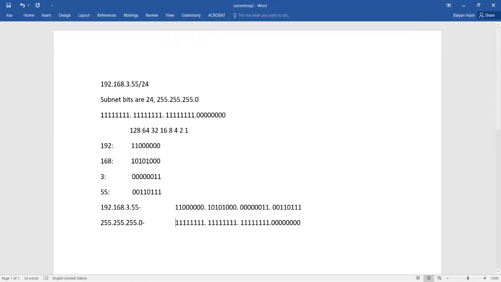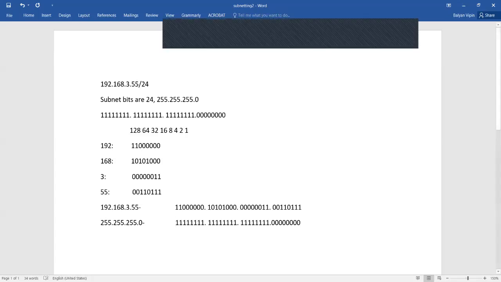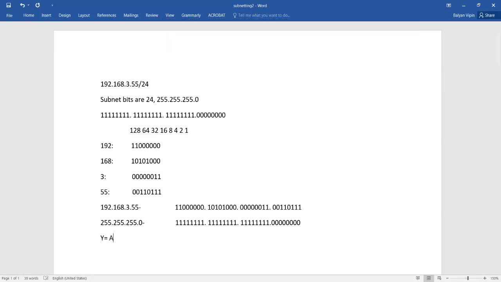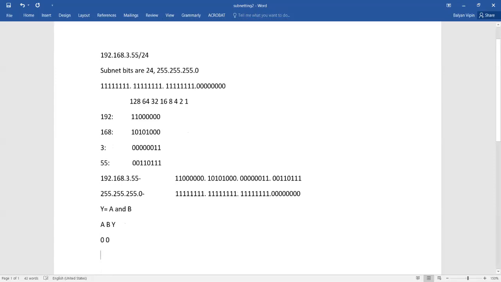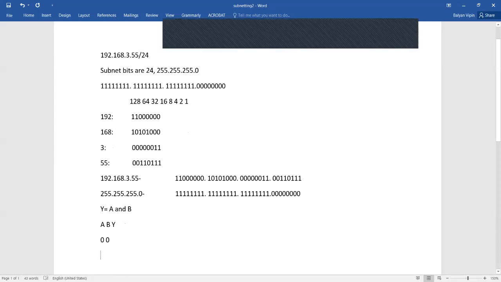If you remember your digital systems, it works this way: if I have two inputs A and B, and I need an AND operation of them, then Y equals A AND B, and the truth table works like this: A, B and Y. If I apply 0, 0, I get 0 as the answer.